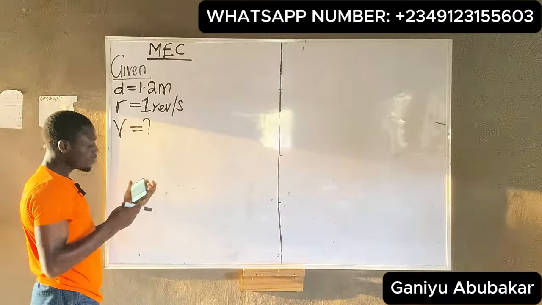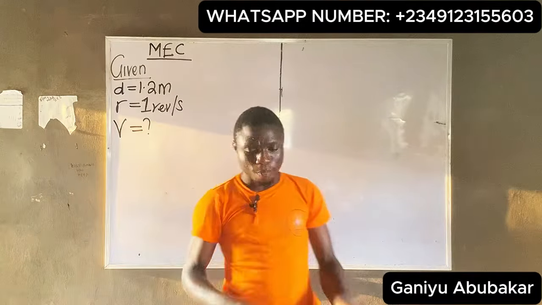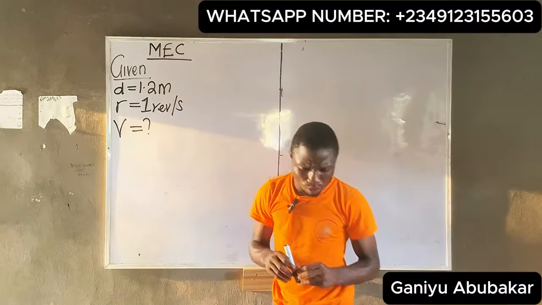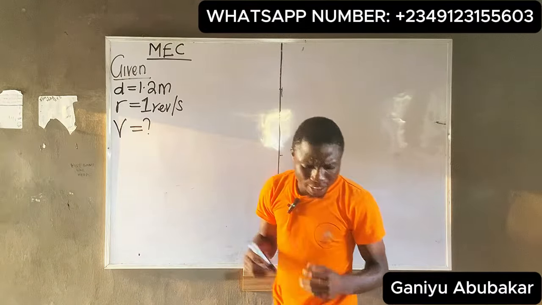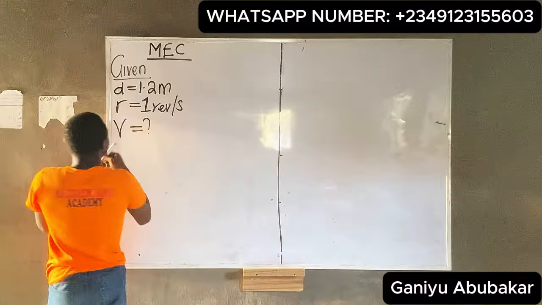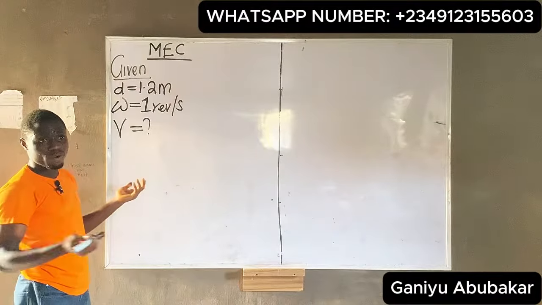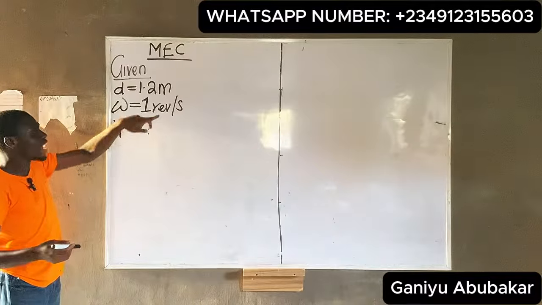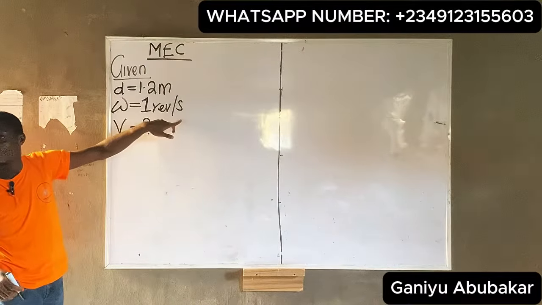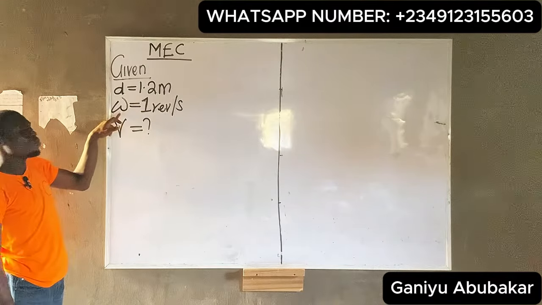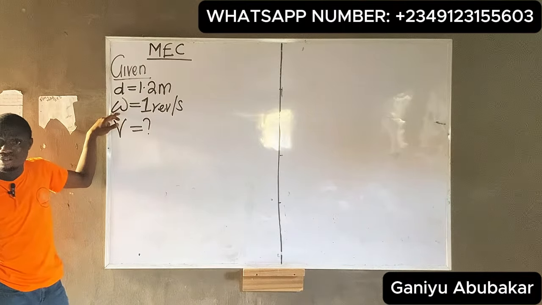Now listen. It's not R now. It's omega. Am I correct? Because this is rev per second. If I use R, what symbol for R?